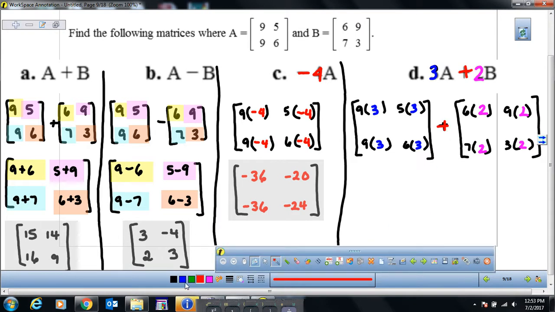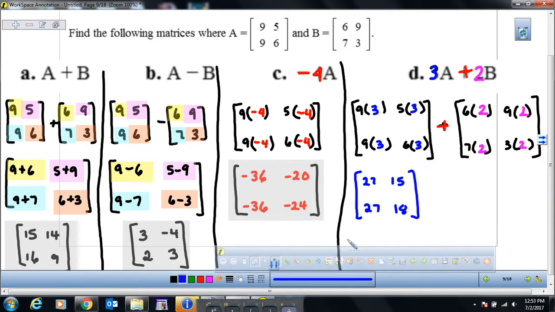So then we're going to get, for 3A, 27, 15, 27 and 18. And we're going to add them to the values of matrix 2B. Matrix 2B is going to be a 12, an 18, a 14, and a 6.